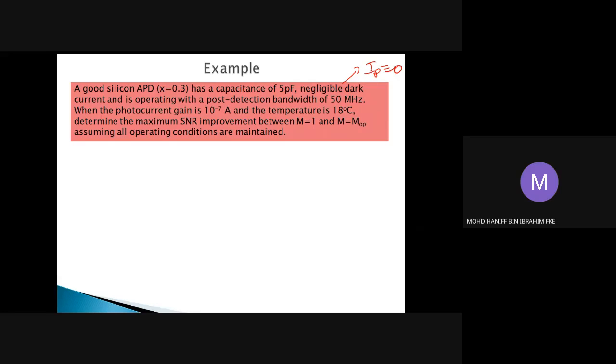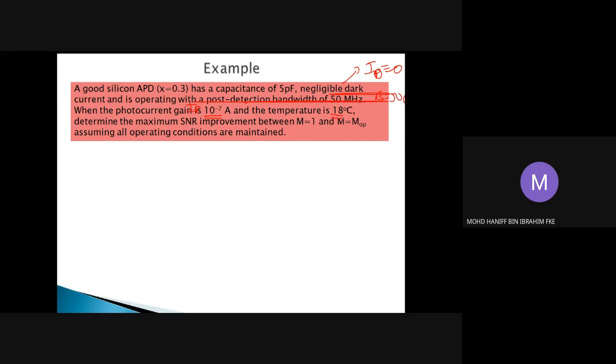The operating detection bandwidth is 50 megahertz, so B is 50 megahertz. The photocurrent is 10 power negative 7 ampere, so this is your IP, the photocurrent value.